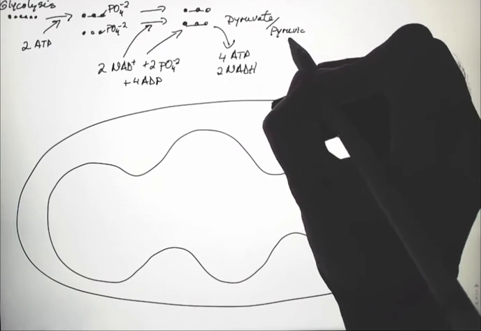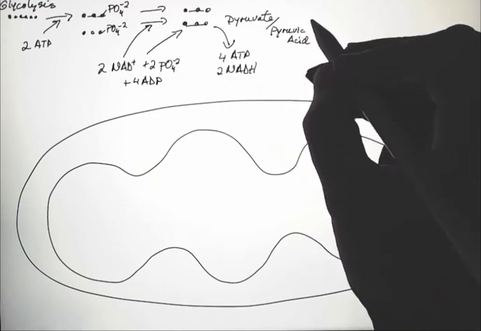The two forms interchange. So we have a net of 2 ATP from glycolysis.